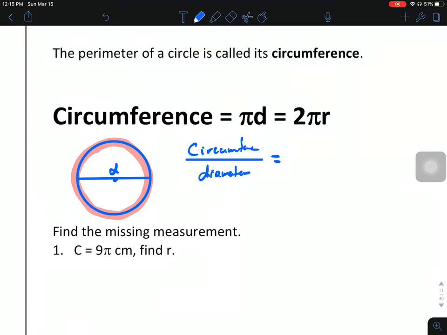That's where this pi comes from. So knowing that circumference divided by diameter gives you pi, that's where we get the formula for circumference, which is diameter times pi.